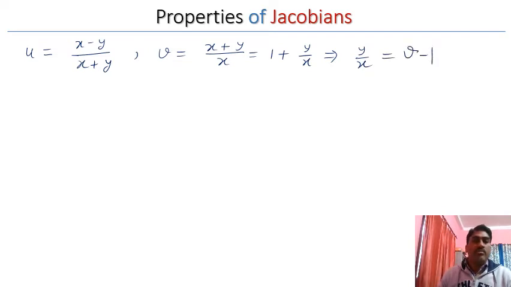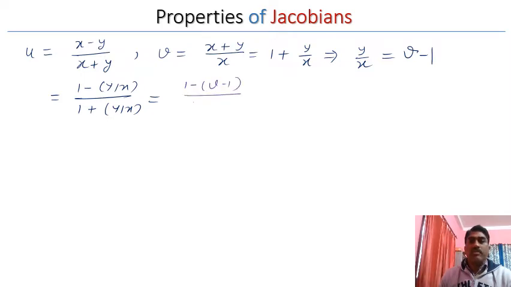Now in u, divide the numerator and denominator by x, so you will get (1 minus y by x) by (1 plus y by x). Now y by x can be substituted as v minus 1. So putting this, we get 1 minus (v minus 1), and 1 plus y by x is already v.